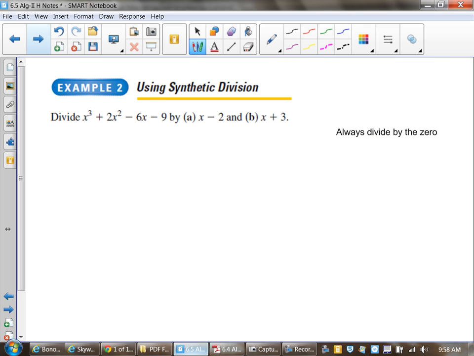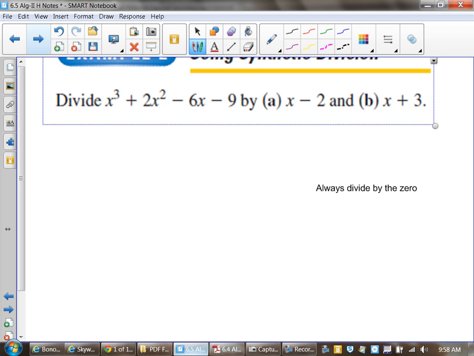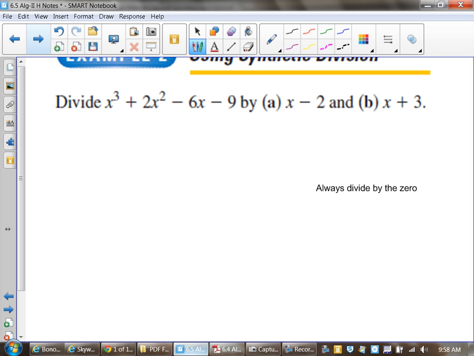For example, if I want to use synthetic division to divide x cubed plus 2x squared minus 6x minus 9 by x minus 2, the main thing to remember is that you pluck your coefficients and put them in descending order in our little L. Degrees 3, 2, 1, and the constant, so I don't have to worry about any placeholders. I have 1, 2, negative 6, negative 9.